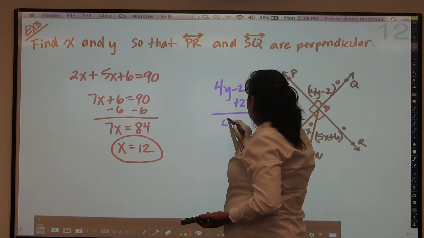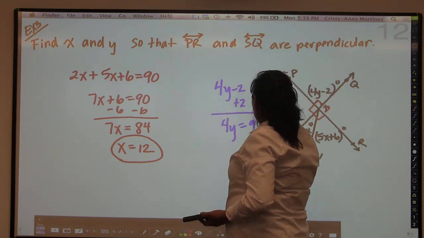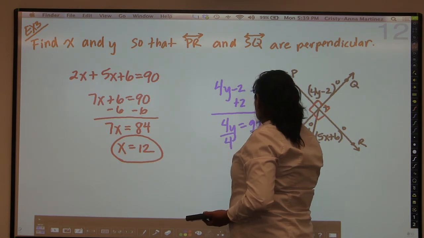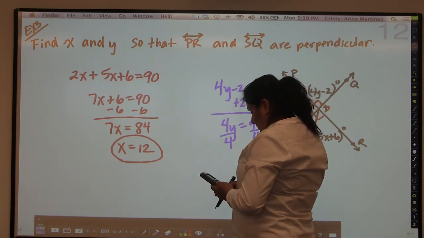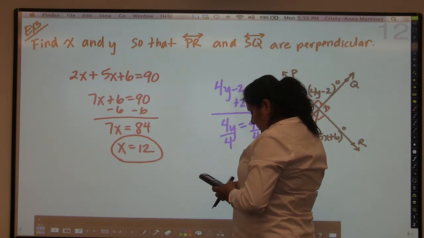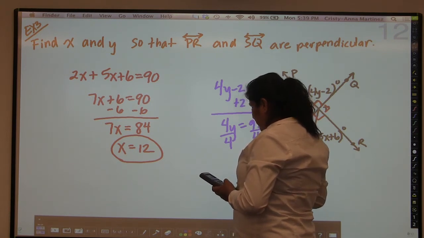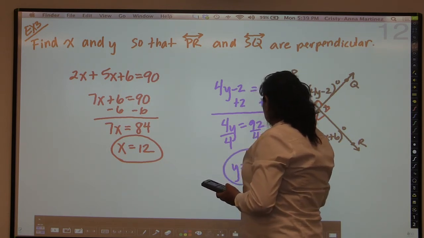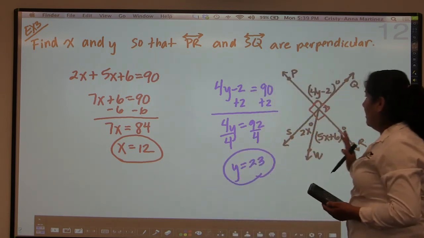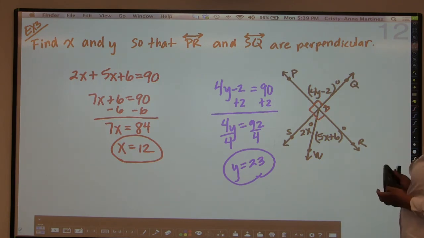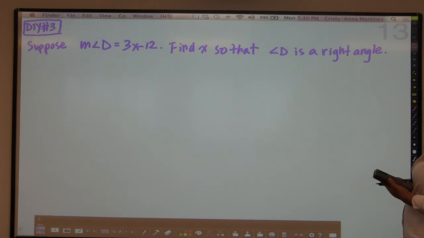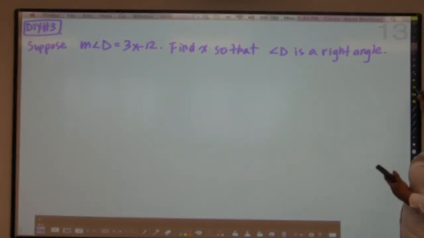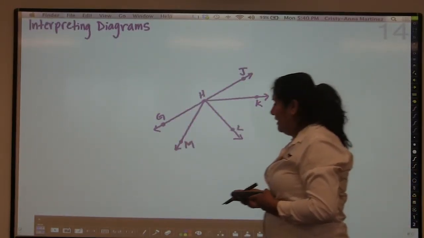Add 2 to both sides, and then divide 92 by 4, and we're going to get 23. So the values that will make line PR and line SQ perpendicular are x equals 12 and y equals 23. So now you can try this little guy, and then we will go on to interpreting diagrams.